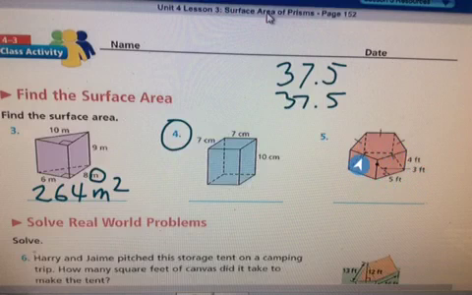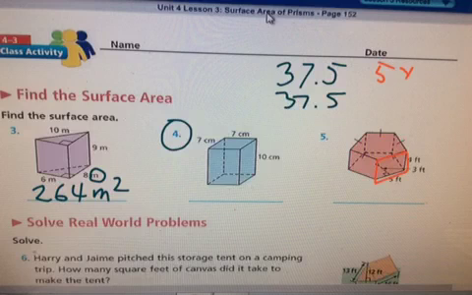But what I notice is that all the sides of the pentagon are equal. So that means every side on the pentagon is going to be the exact same. So I look at it, each of the sides has a base of 5 and a height of 4. So when I look at one specific side, it's got a base of 5 and a height of 4.